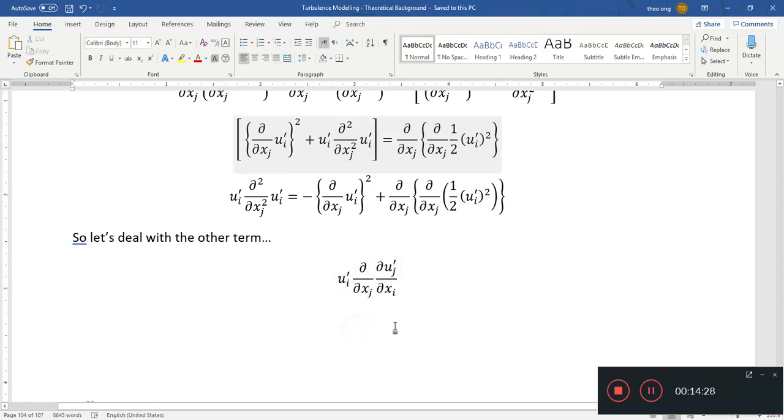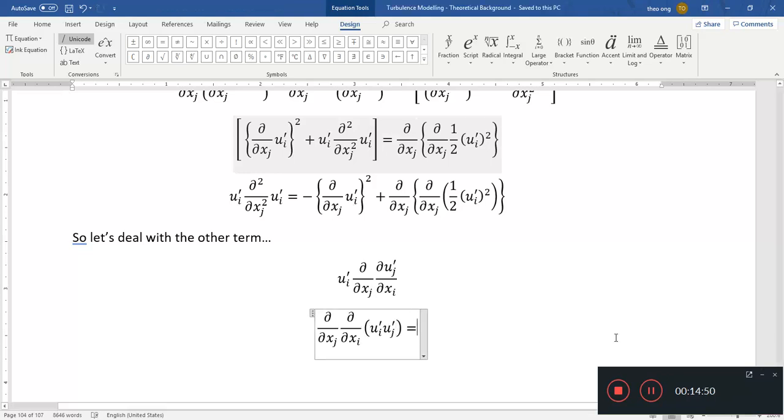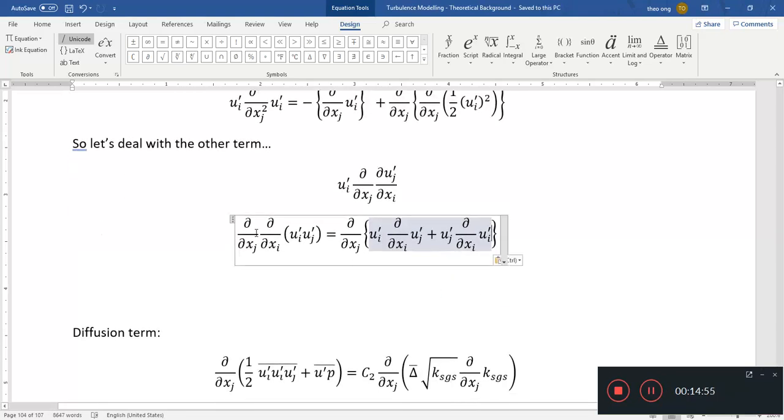So we'll have del by del xj, partial by partial xi of ui prime uj prime. Okay, so anyway, I fast forwarded this product rule.